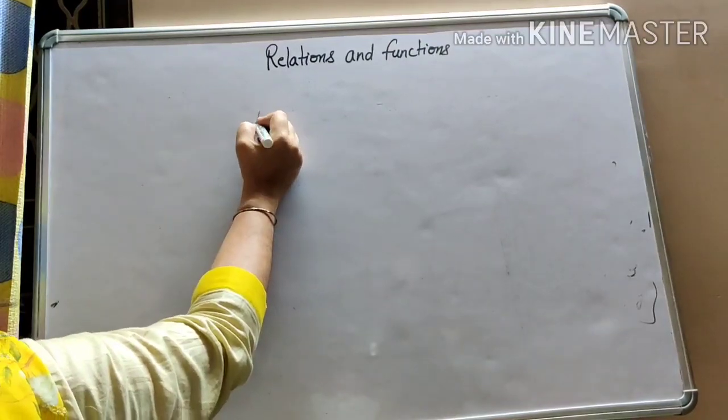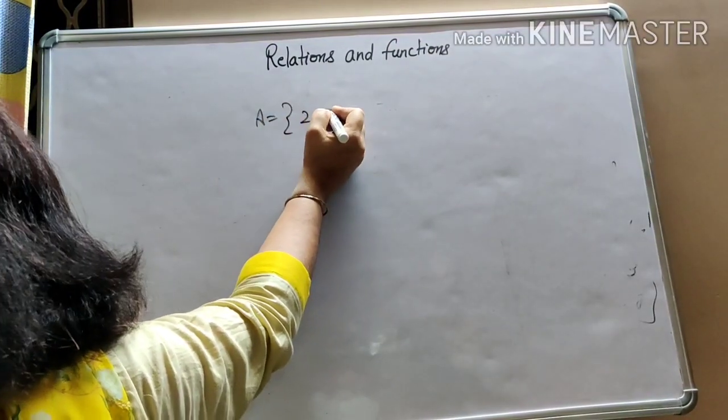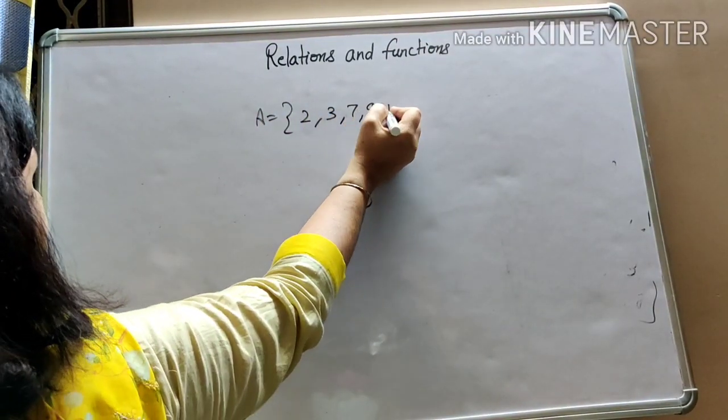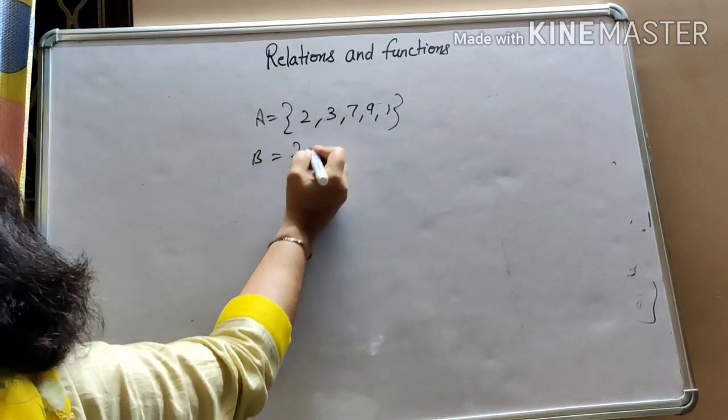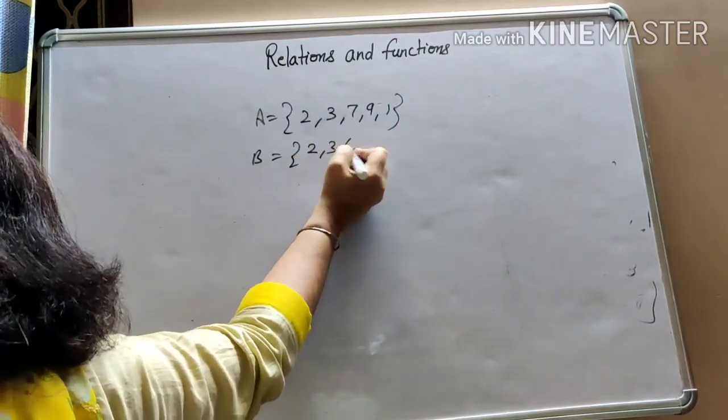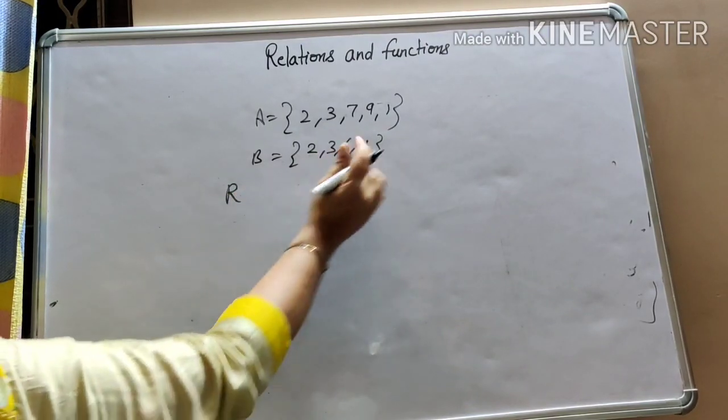Now set A is, set B is, and relation is given.